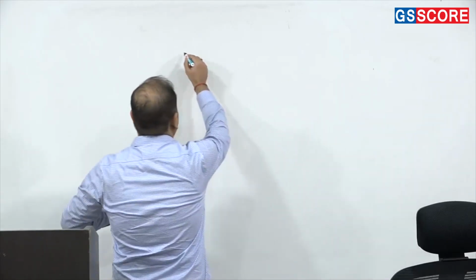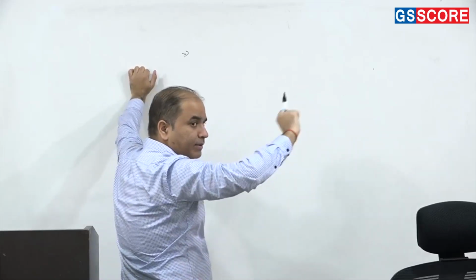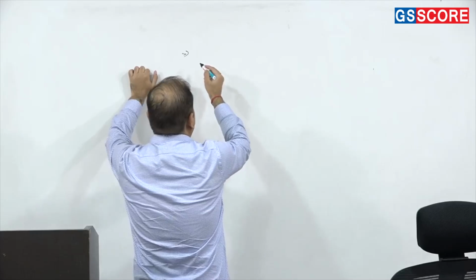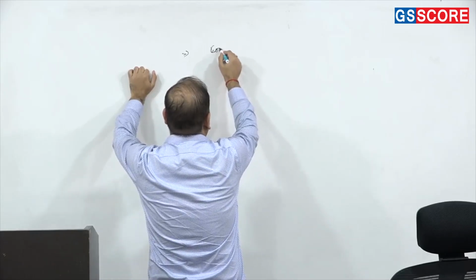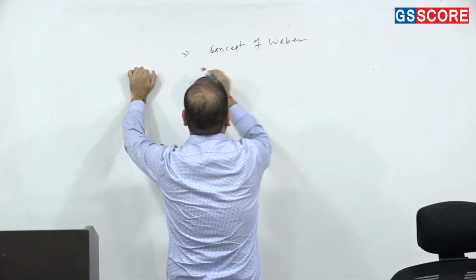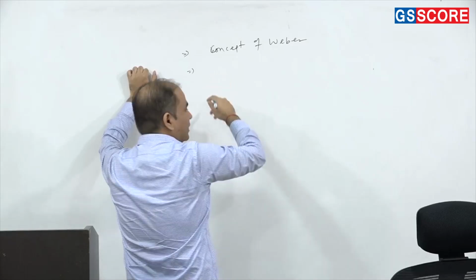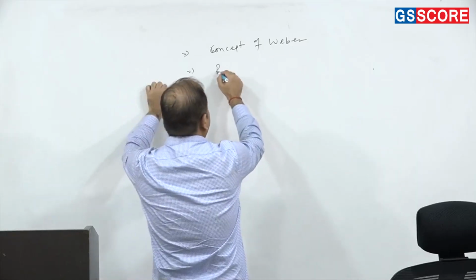So, in general you need to remember that questions will be asked either directly on the Weber. It can be asked like, discuss the concept of Weber. Then it can be asked whether the Weber is relevant in the contemporary time period, so the relevance of Weber.